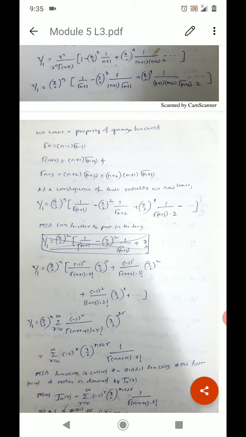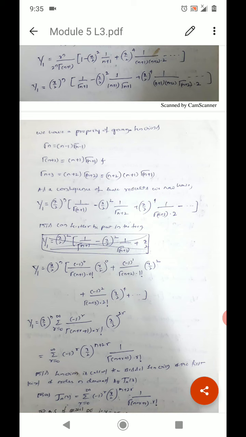Therefore, Y1 becomes (x by 2) to the power n of, here 1 can be written as minus 1 to the power 0, since minus 1 to the power 0 is 1, divided by gamma of n plus 1 into 0 factorial.